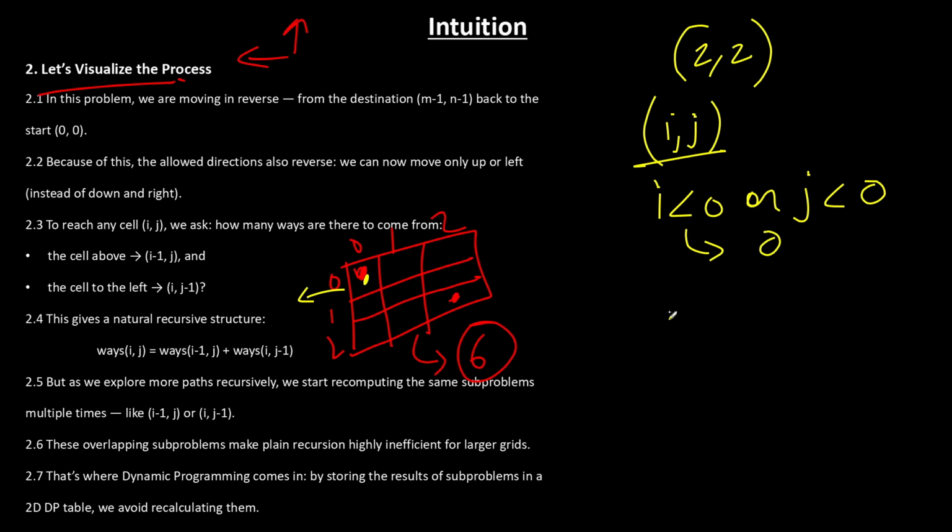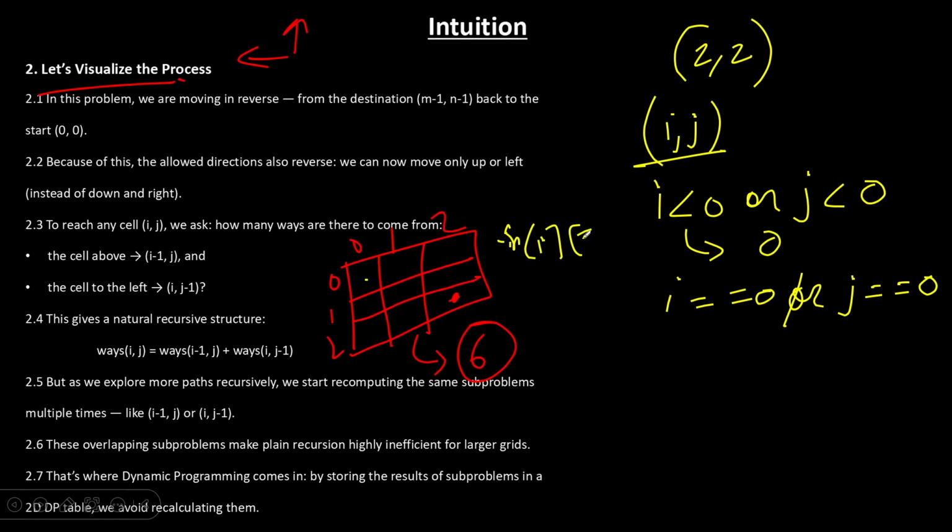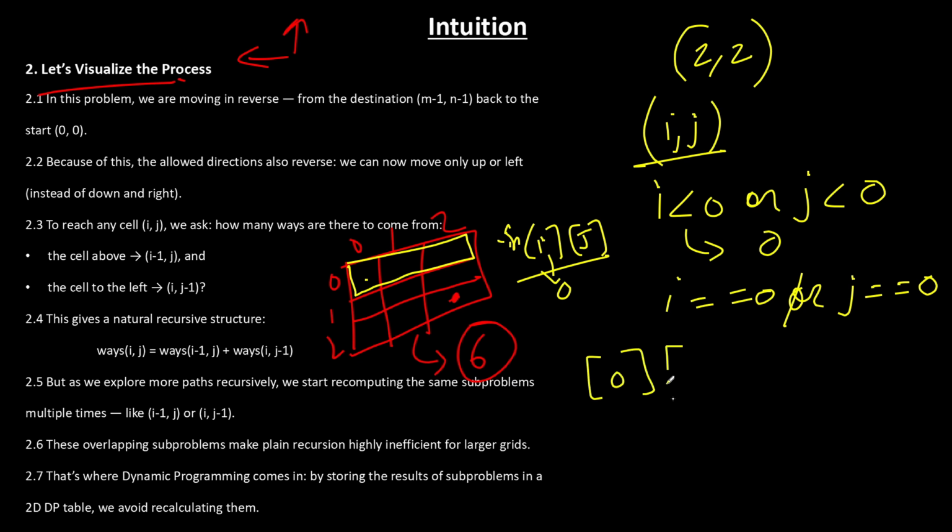If i is 0 or j is 0, if either of the scenarios becomes true, suppose i is 0, let's take it as nums[i][j]. If i is 0, that means you are in this particular row. Suppose i is 0 and j is 1, which means that you are standing here, correct?